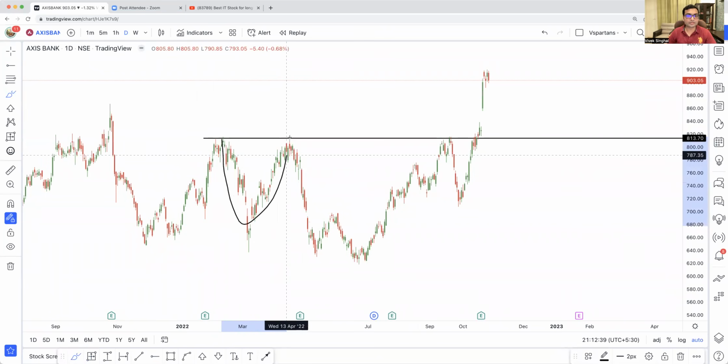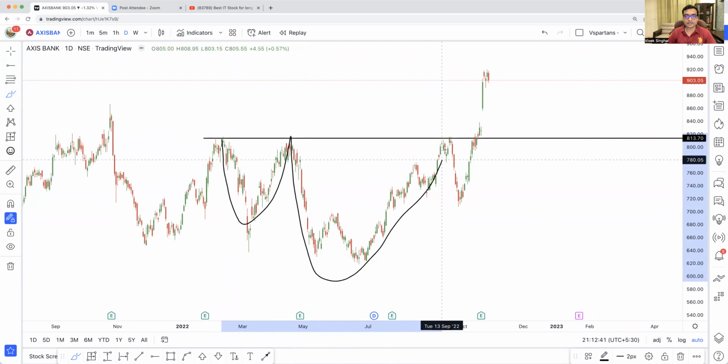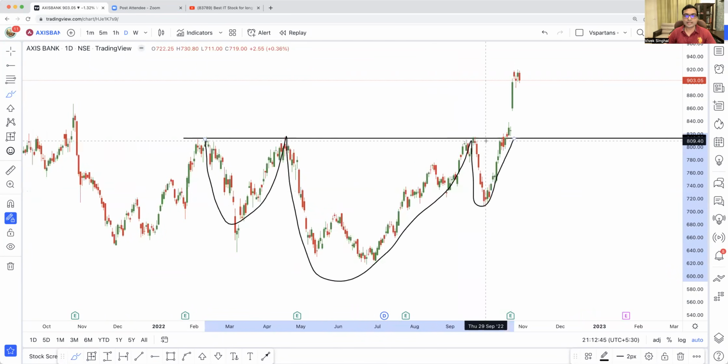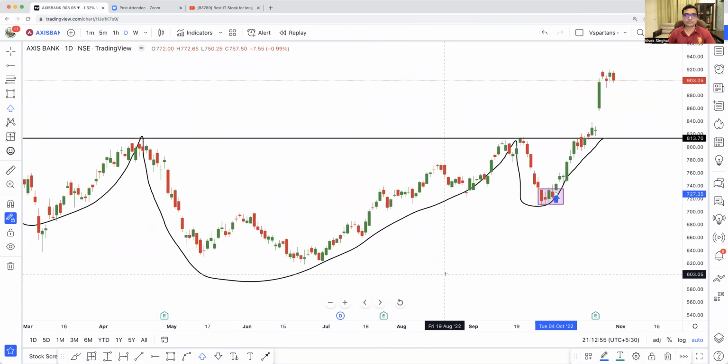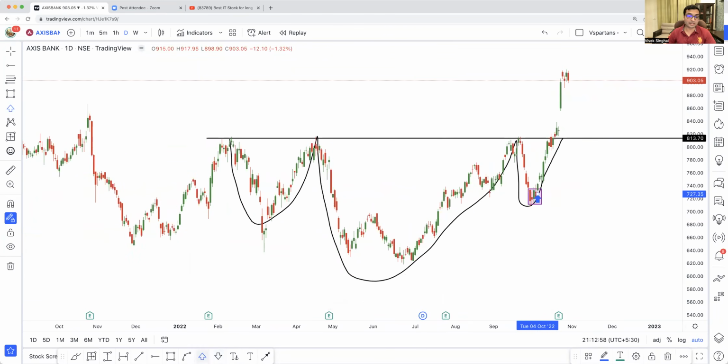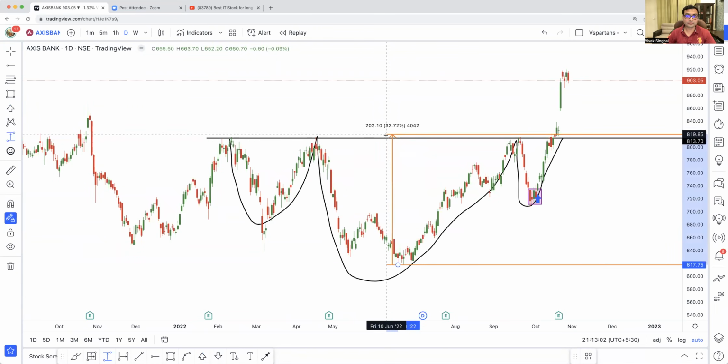This is the left shoulder, this is the head, and this is the right shoulder. And see what happened. There is a base, a small base, and there is a breakout. And I'm in gain. Right?